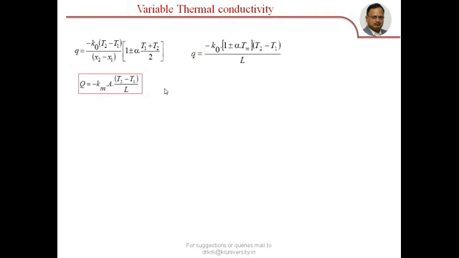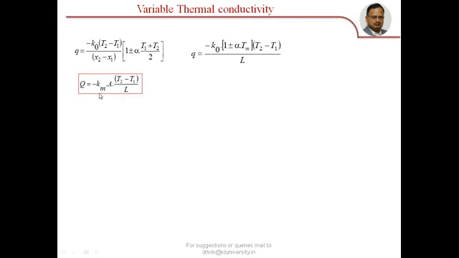That is what is written here. K naught into 1 plus or minus alpha T mean is K mean, into area, because I have taken capital Q, T2 minus T1 by L. So this is the formula to determine the rate of heat transfer by means of conduction considering conductivity variation with respect to temperature.